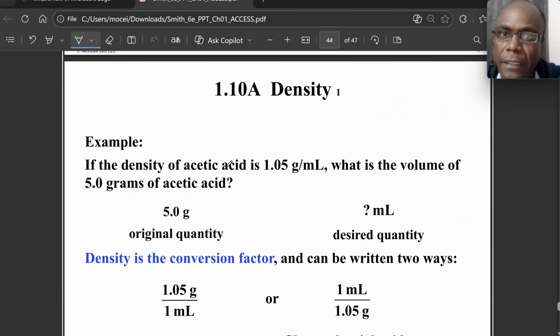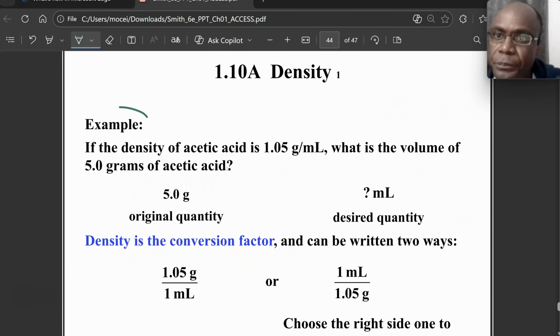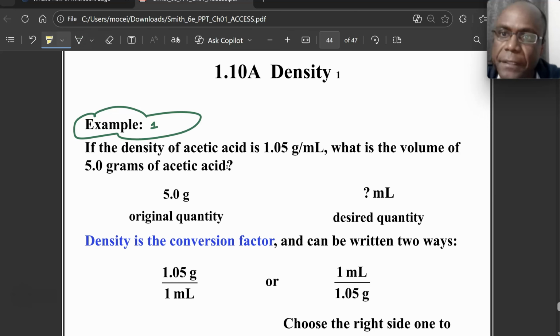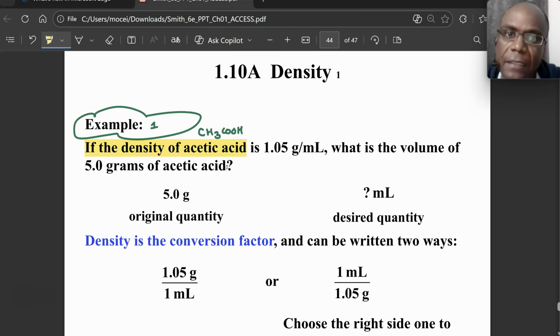Well, let's look at an example of calculation of density. Call this example 1. So let's read. The density of acetic acid, the active chemical in vinegar, that smell that you smell, that chokes, is acetic acid, otherwise called ethanoic acid. We read again: if the density of acetic acid is 1.05 grams per ml, what is the volume of 5 grams of acetic acid?